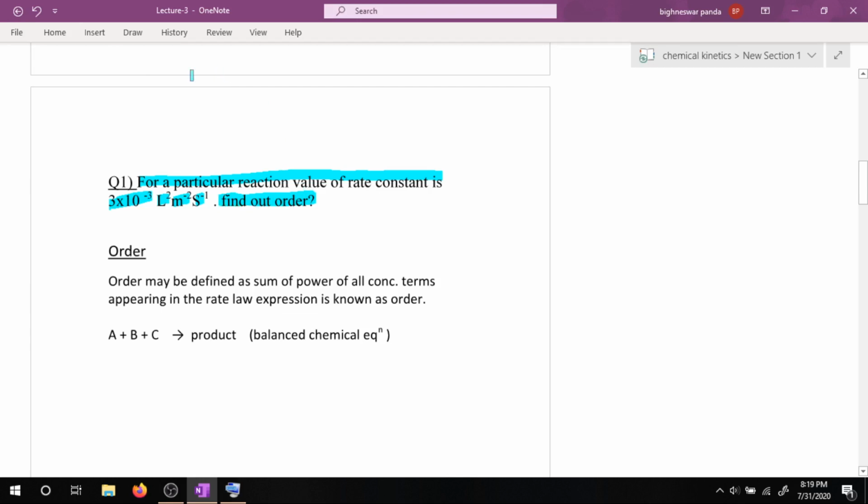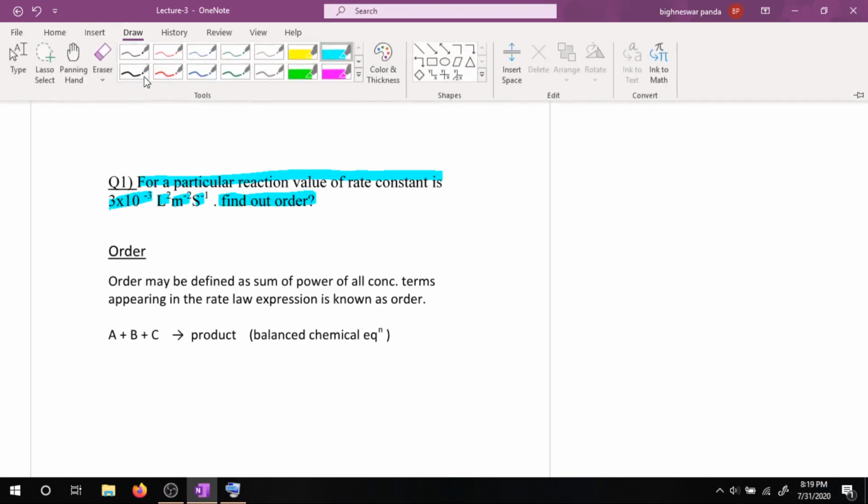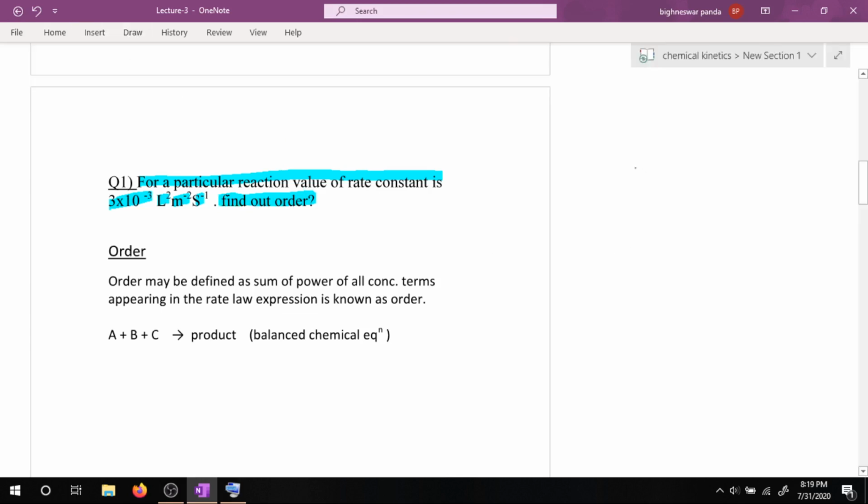So what is given here? K has the value 3 × 10^-3 L² mol^-2 s^-1.